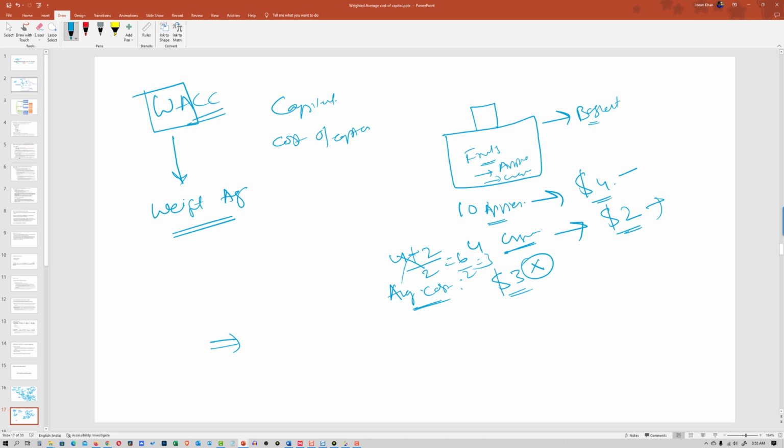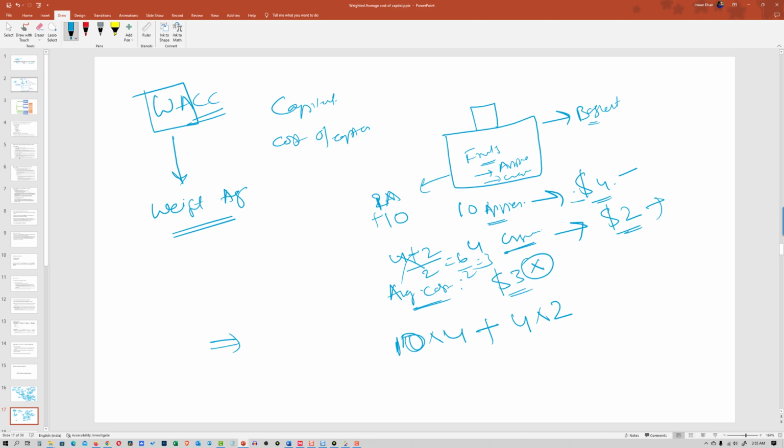So for us to compute the cost of each fruit, first we need to understand how many different types of fruits we have in our basket. We have 2 types of fruits in our basket: apple plus orange. So how many apples do we have? We have 10 apples. Let's take 10 times the cost of each apple, which is 4, plus we have 4 oranges times the cost of each orange, which is 2.